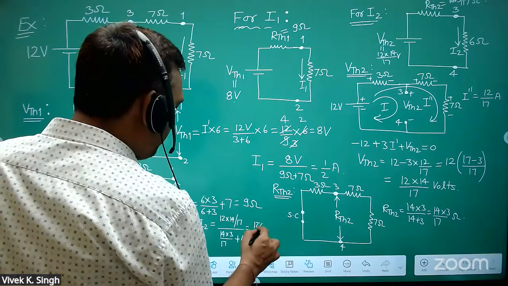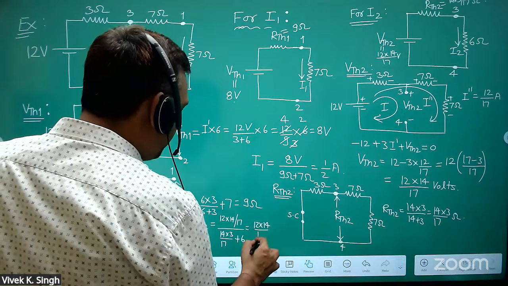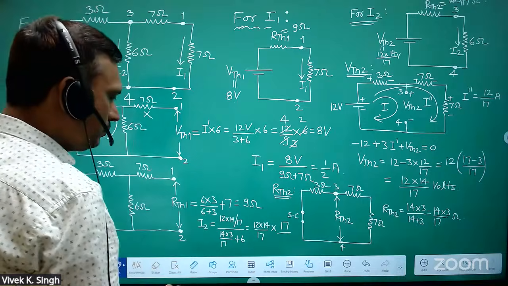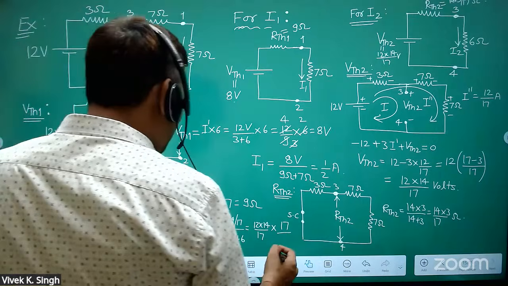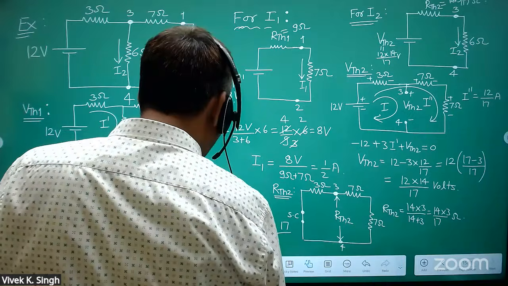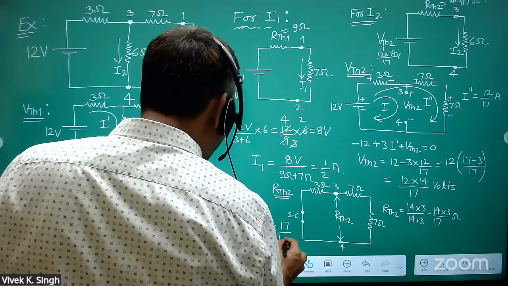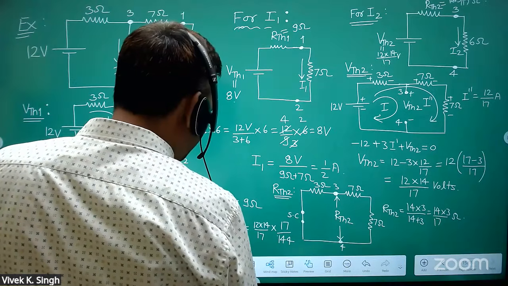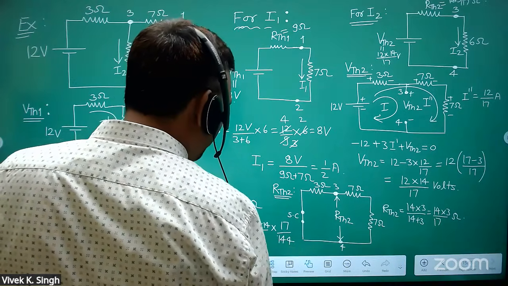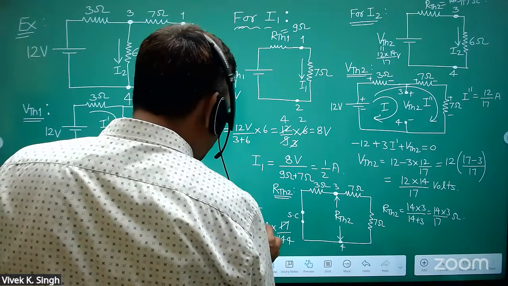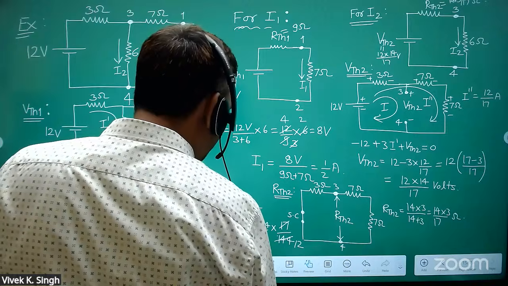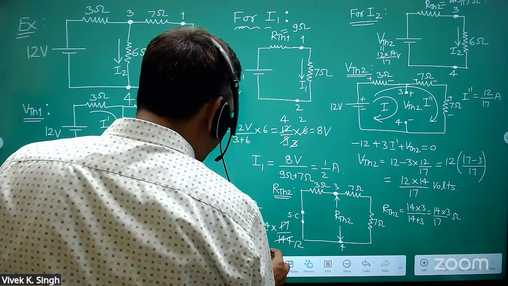So this is 12 into 14 by 17 divided by 14 into 3 by 17 plus 6. The denominator becomes 42 plus 102, which is 144, over 17. The 17 cancels out. 12 times 14 by 144 is 7 by 6 ampere.